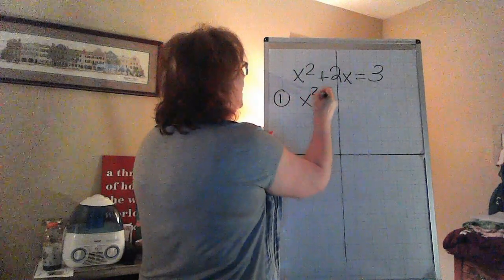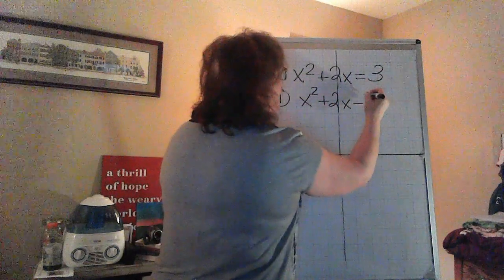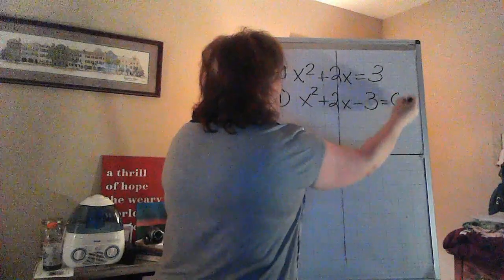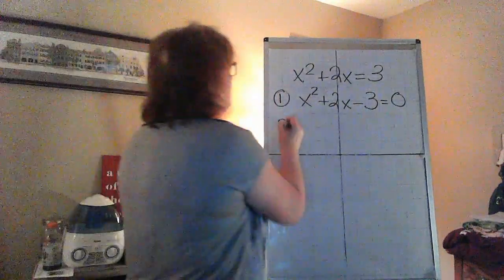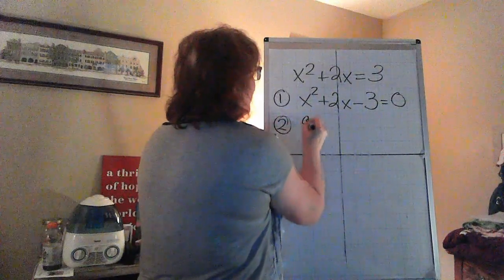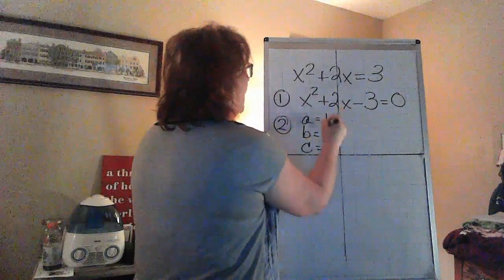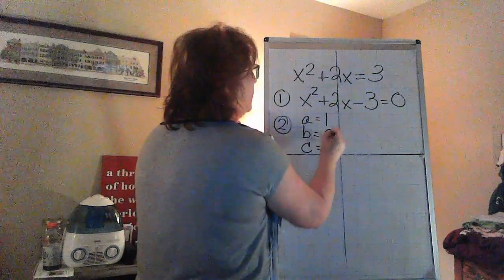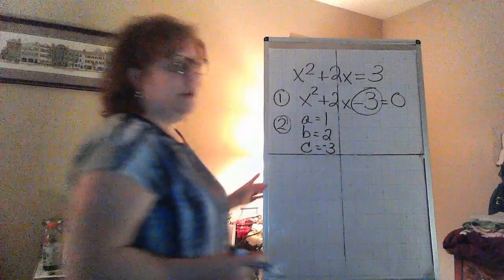So we're going to have x squared plus 2x minus 3, because we're going to subtract this, equals 0. That was step 1. Step 2 should be finding the a, b, and c. A is 1, b is 2, and c is negative 3. Do not forget to bring along that negative.